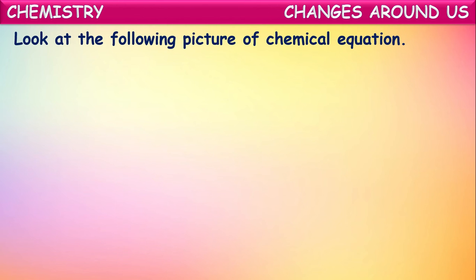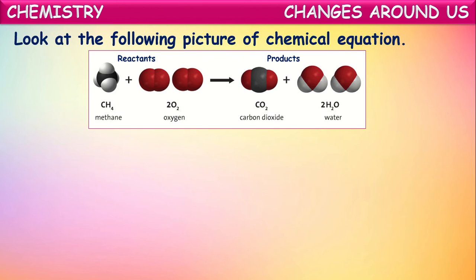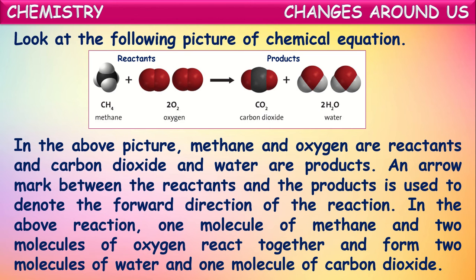Look at the following picture, which is representing a chemical equation. In the above picture, methane and oxygen are reacting together to form carbon dioxide and water as the products. Now we can say methane and oxygen are reactants because these two are reacting with each other to form some new substances.